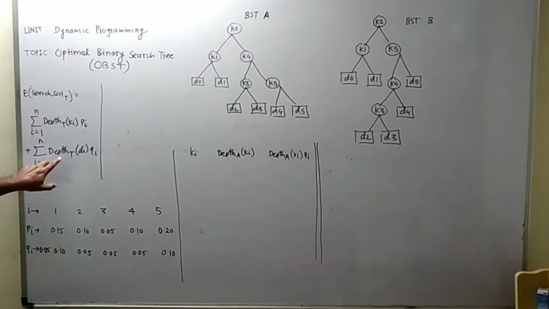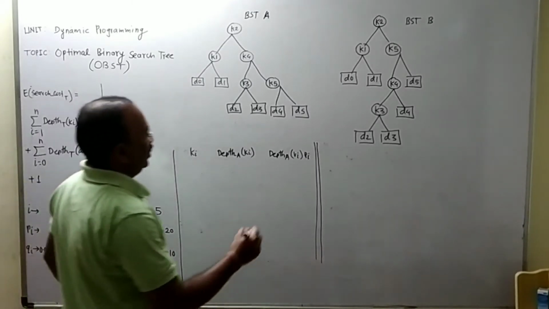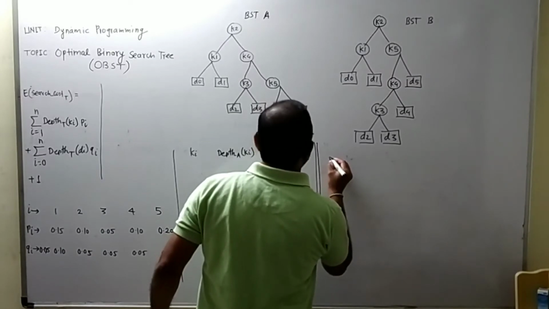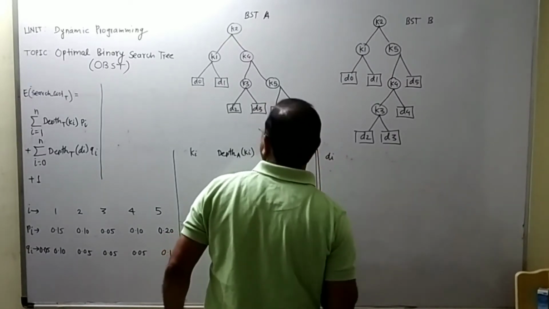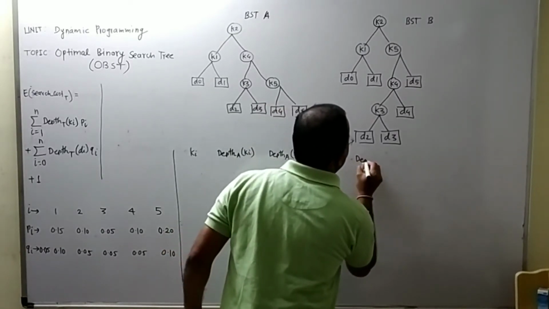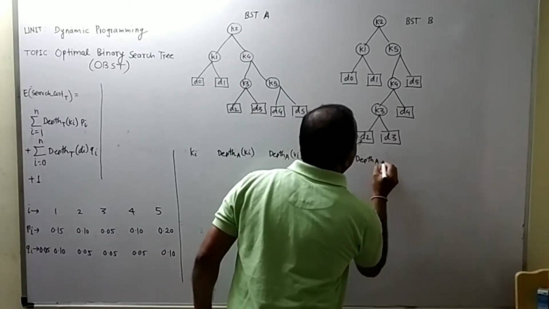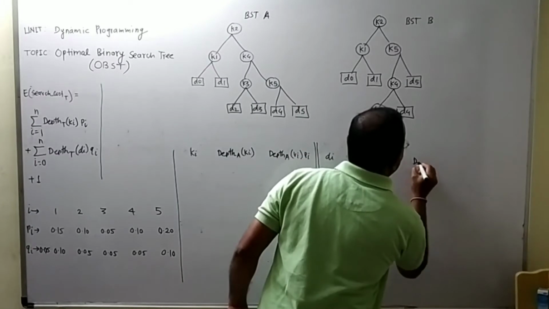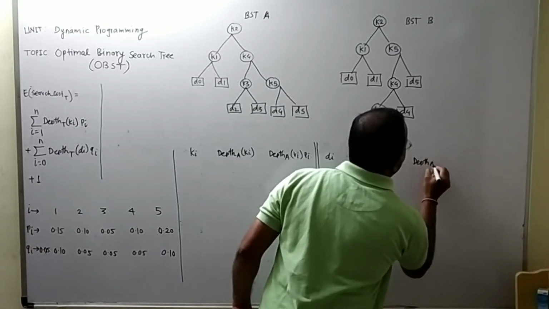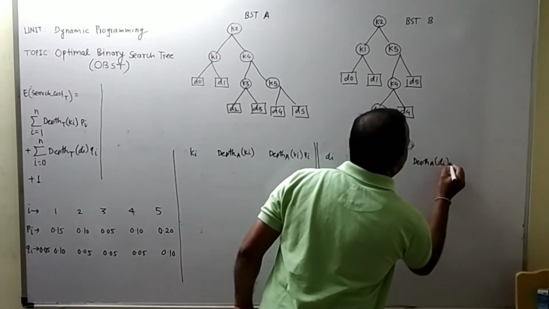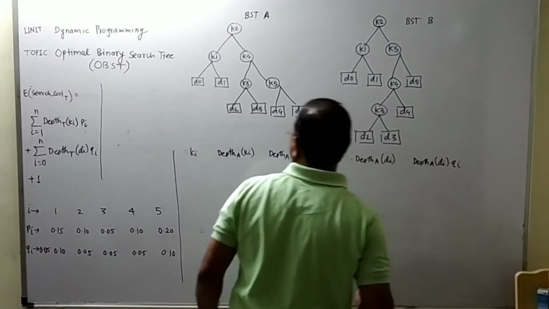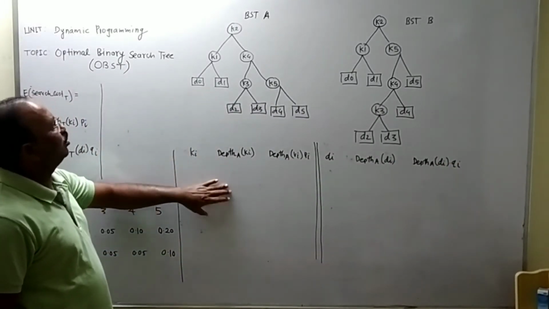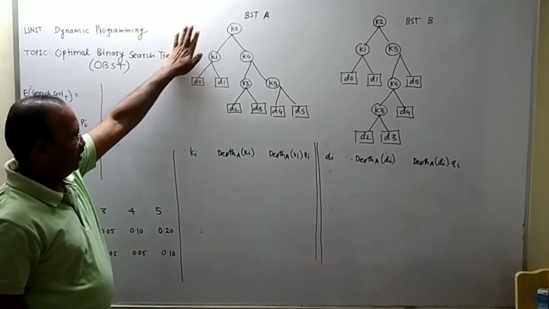Then I write for the second term, that is Di, then depth A of Di, then depth A of Di into Qi. So I am trying to get the expected searching cost of BST A.